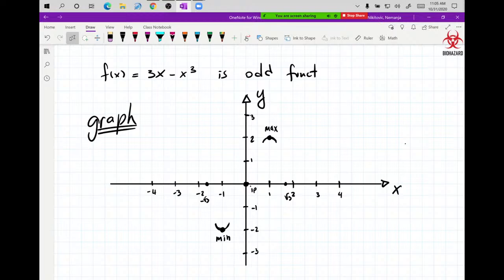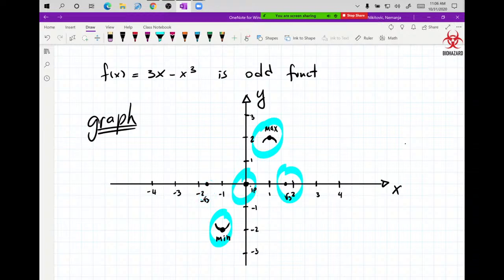Have you ever done connect the dots and then colored? Well, this is the same connect the dots, just no coloring. You have to connect this, this, this, this, and this in one continuous line, because there are no vertical asymptotes to interrupt that continuous line.